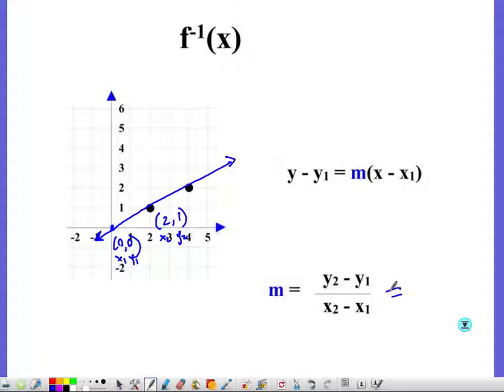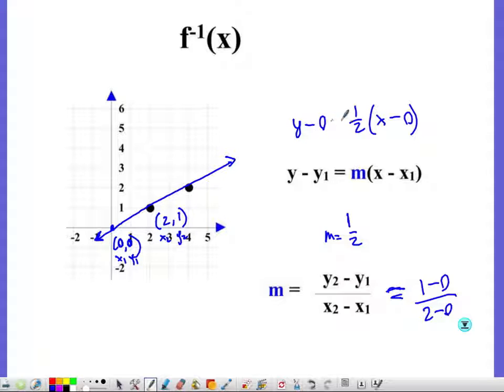So when we plug them in, we basically have 1 minus 0 over 2 minus 0. So we can see that our slope m is equal to 1 over 2. Alright, we found the slope, but we need to plug that into the point slope formula to find our equation. So we plug in 1/2 for m, x minus 0. Let's use the simplest point, which is 0, 0, so x1 is 0, y1 is 0.